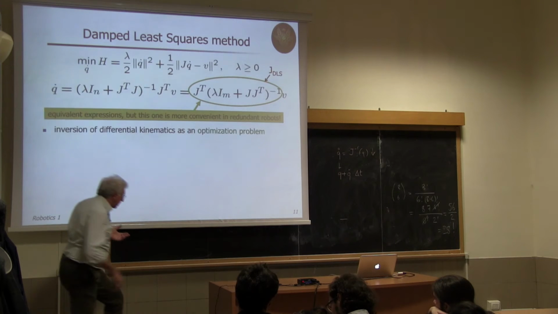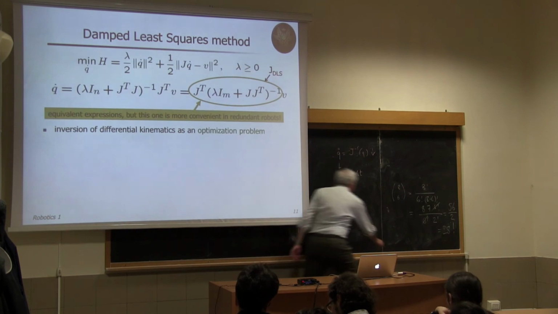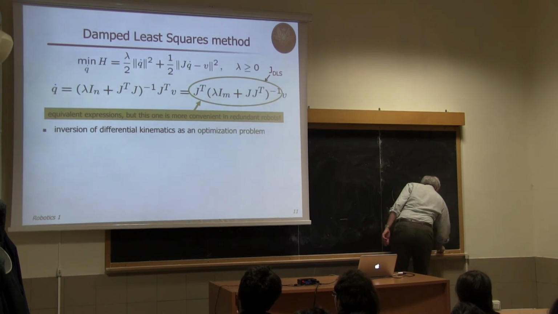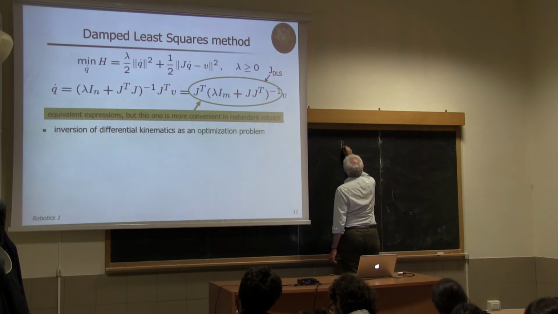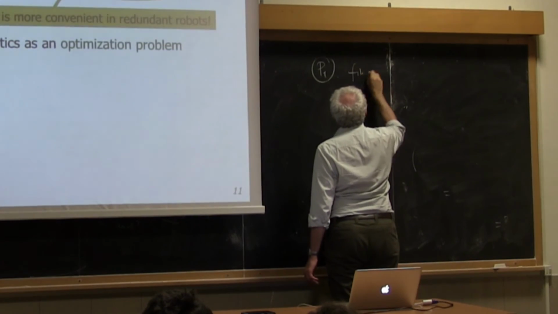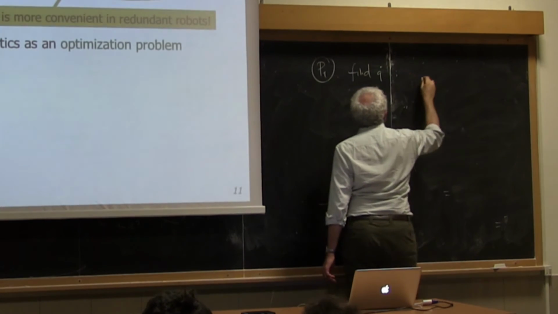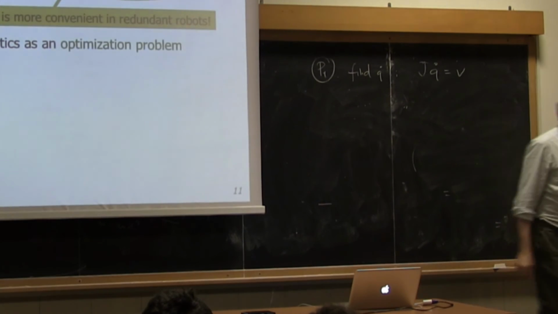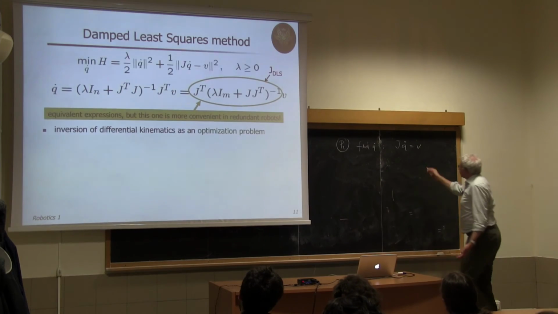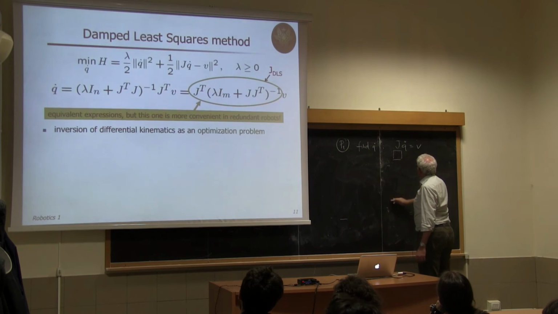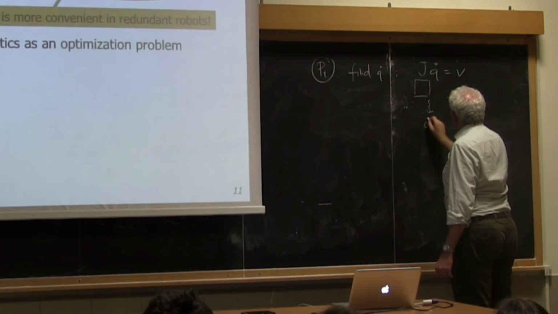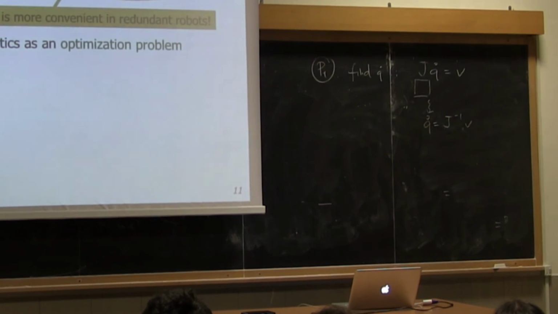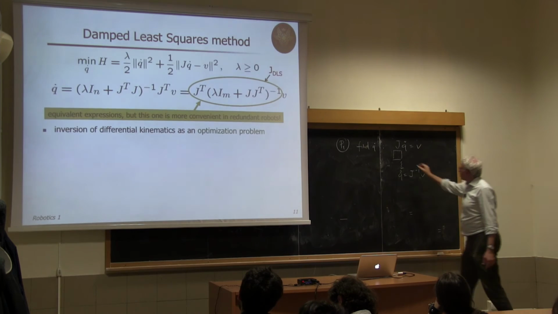Instead of saying I need to, so problem 1 was find q dot such that J q dot is equal to v. Okay? And in case this is square, I say, well, okay, the unique solution is this one. And it's square and non-singular.